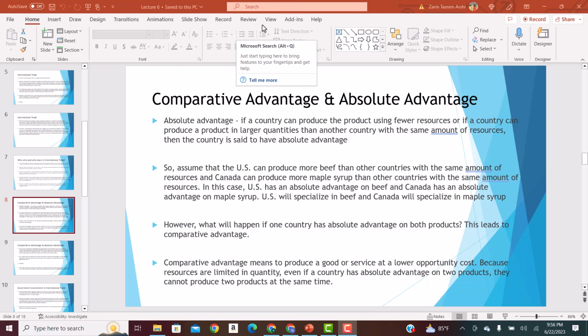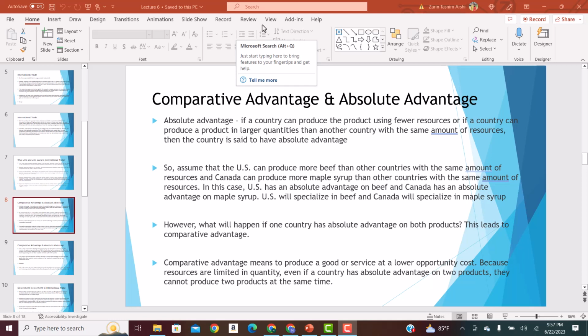The formal definition of absolute advantage is: if one country can produce a good using fewer resources, or if a country can produce a product or good in larger quantities than another country with the same amount of resources, then the first country is said to have absolute advantage.